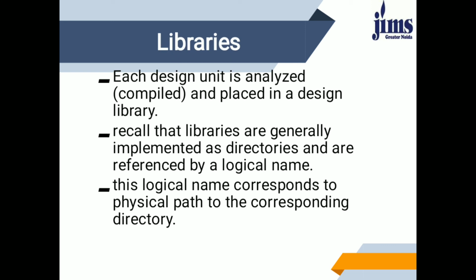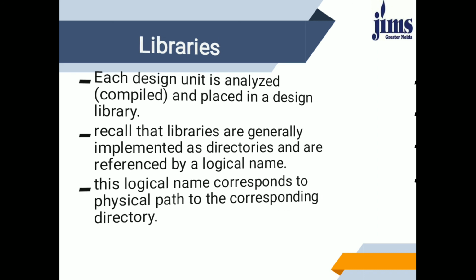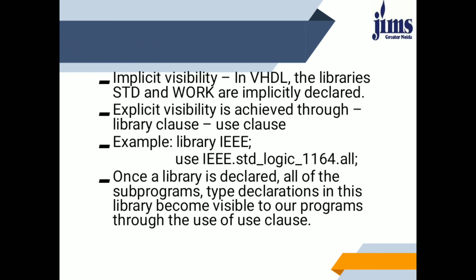Now if we talk about IEEE libraries, what are these? Each design unit is analyzed and placed in the design library. Recall that libraries are generally implemented as directories and referenced by a logical name. This logical name corresponds to the physical path of the corresponding directory, like implicit visibility.